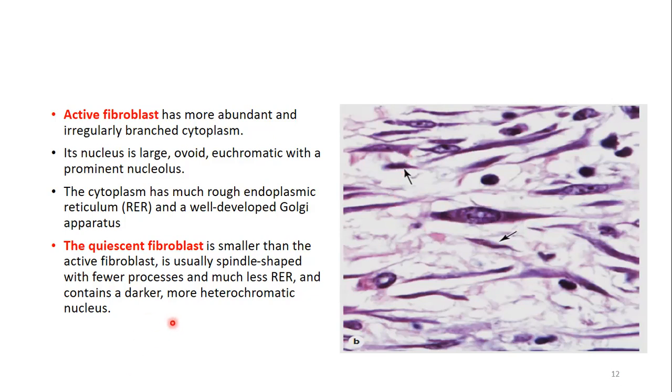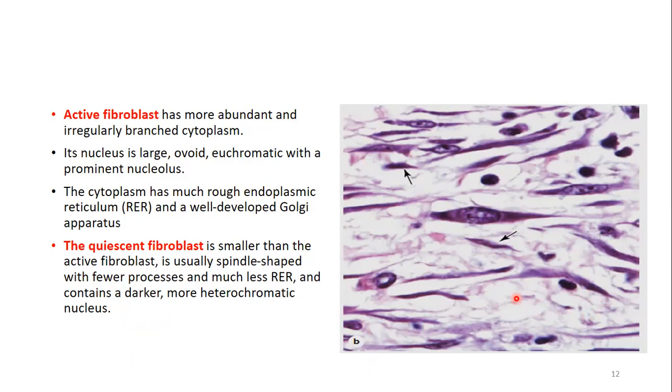Then old fibroblasts, to differentiate them, we call them fibrocytes, or you can simply call them quiescent or dormant fibroblasts. Fibrocytes are simply old fibroblasts, and these are inactive, so they don't produce anything, and they have a lesser amount of rough endoplasmic reticulum, and their cytoplasm is not as highly stained as the young fibroblasts.